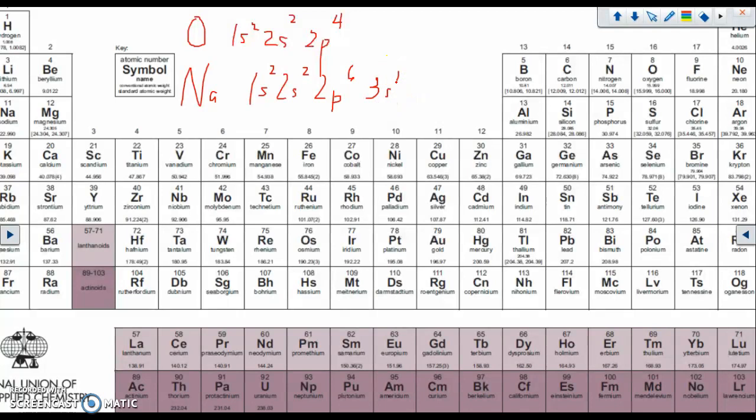there is a most stable electron configuration, and the most stable electron configuration, folks, is exemplified by the noble gases: helium, neon, argon, krypton, xenon, radon, and oganesson. If I write the electron configuration of neon, we might as well compare neon to this, guys.